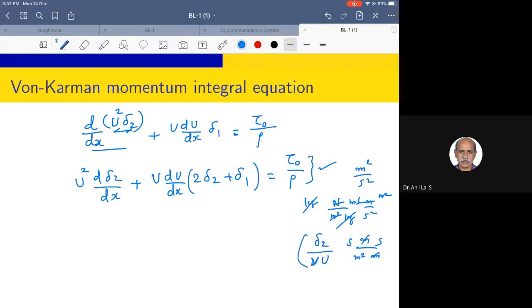So this has 1 by meter squared per second squared, or 1 by velocity squared. If you multiply each and every term of this equation by delta 2 by nu U, that is how he non-dimensionalized the terms. The equation with dimensionless terms is obtained by multiplying the equation by this term.